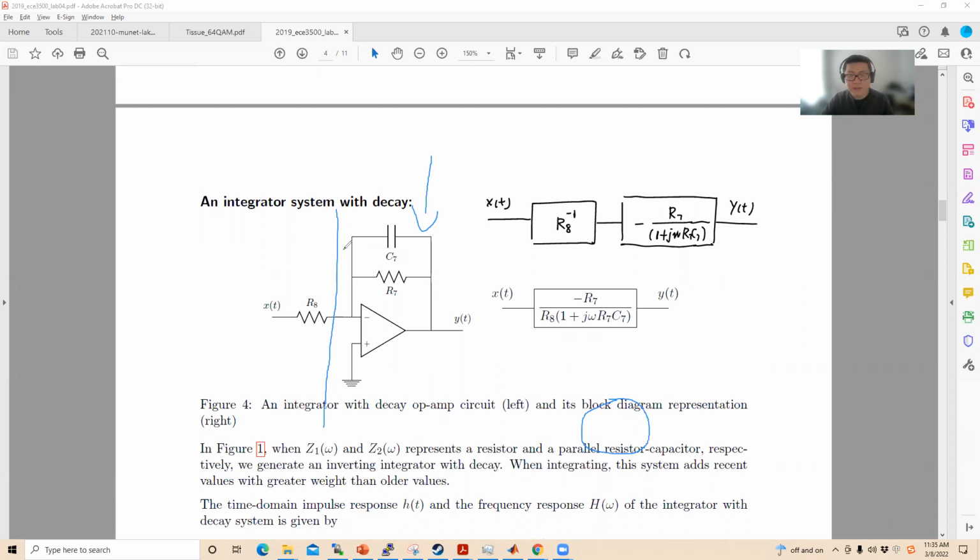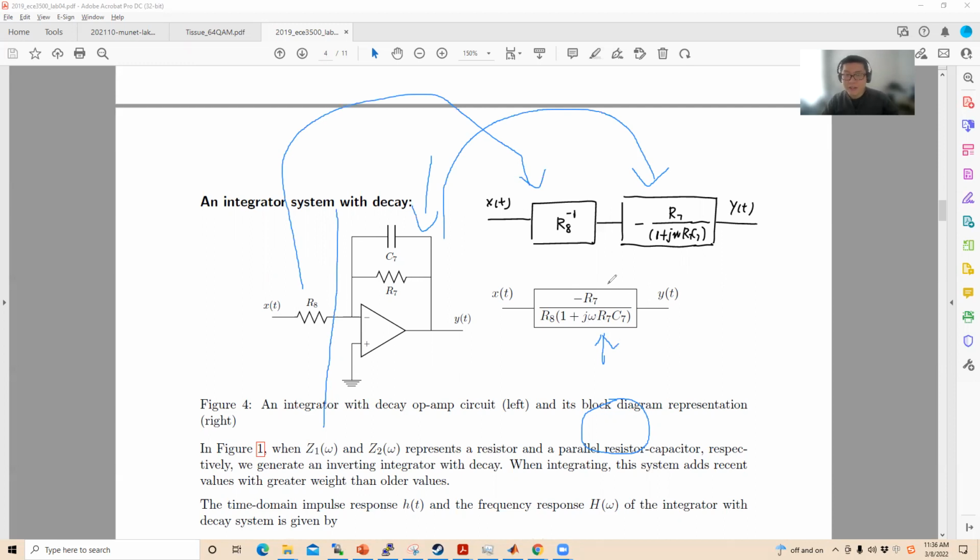If we transform them into block diagram representation, this one should be this, that one should be this, and then the final H should be the multiplication of these two individual systems. So this is the final equation.